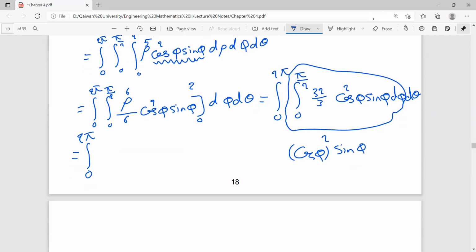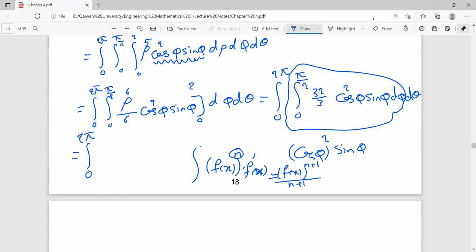We say if you have a bracket, let's say f of x to the power n times f prime of x, the integration of this is we just add the exponent by 1 dividing by the new exponent. So you get f of x to the power n plus 1 dividing by n plus 1.